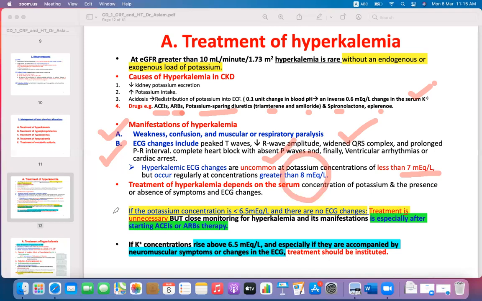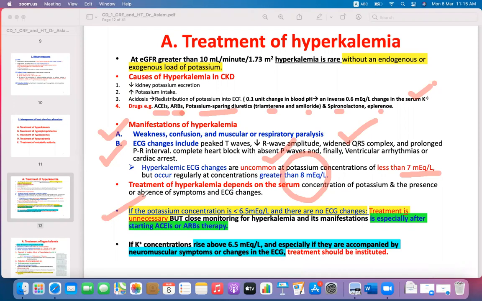If the potassium concentration is less than 6.5 milliequivalent per liter and there is no ECG change, treatment is unnecessary.